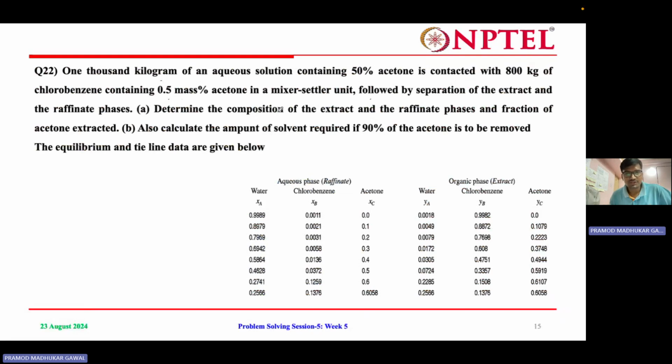Determine the composition of the extract phase and raffinate phase, and the fraction of acetone extracted, means extraction efficiency of the acetone from the feed. Also calculate the amount of solvent required if 90% of acetone is to be removed. The equilibrium and tie line data are given below.